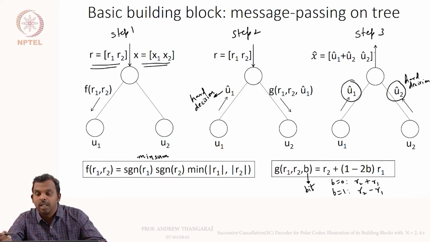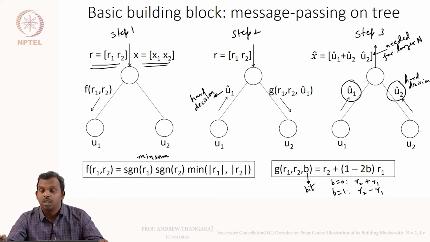X hat is this. As it turns out, this is needed for larger n. So this kind of a flow is needed. In the next slide I will start describing n equals 4. For n equals 4, sending a message from this node is also important. What it sends up will play a role, and we will see that when we look at n equals 4. Strictly, if you are just decoding n equals 2, you don't need to go back and construct this x hat.